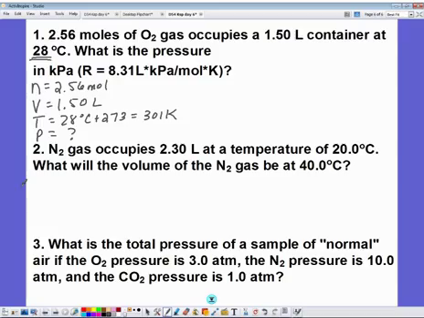Second thing I do is I cross out your units, okay? So see how that R is always going to have 4 units. It's going to have liters times either atmospheres or kilopascals, and in this case it's got kilopascals. So liters times kilopascals divided by mole divided by Kelvin. It's always going to have those 4 units. In the last unit we were in, we had specific heat that had 3 units, joules per gram per degree Celsius.